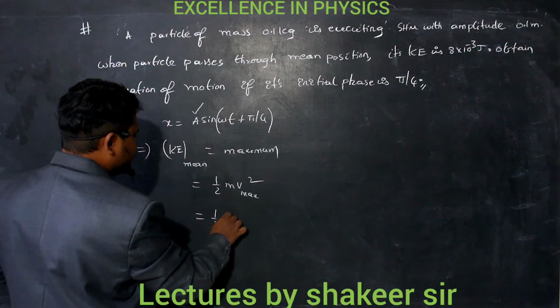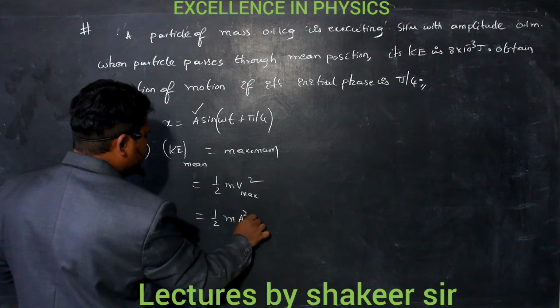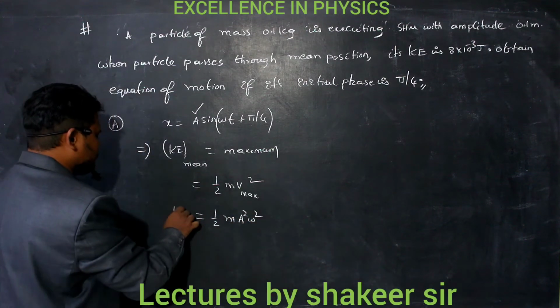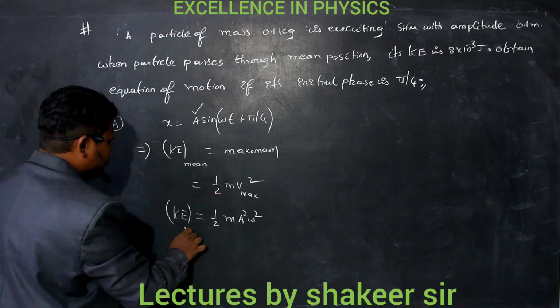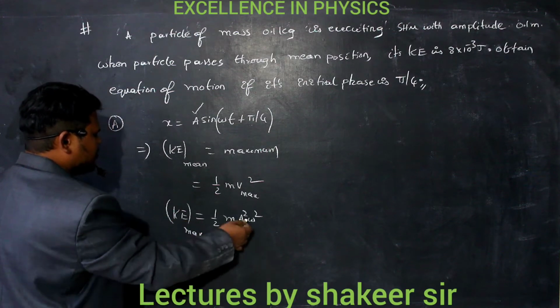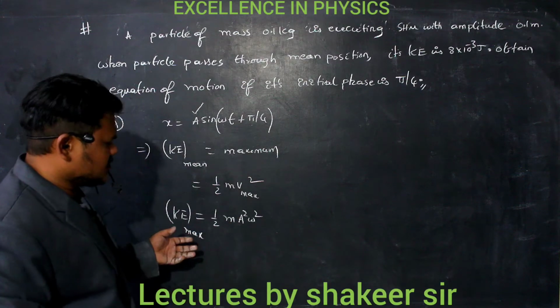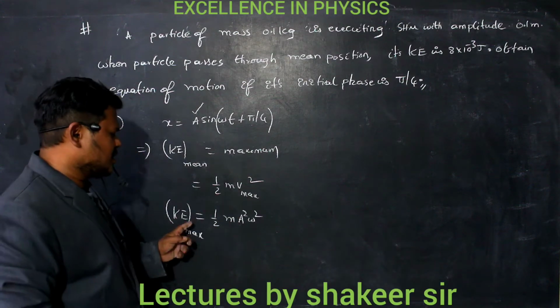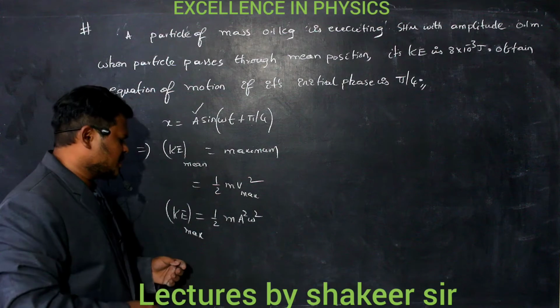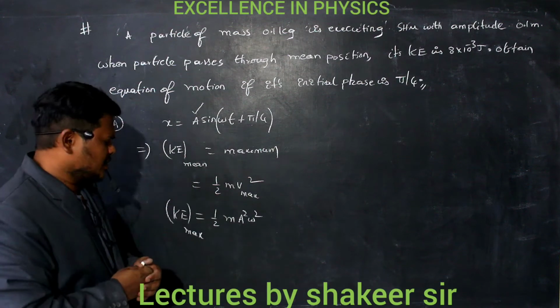So it is equal to half m A² ω², which is the maximum kinetic energy. This is also the total energy, because at the mean position the only energy possessed by the particle is kinetic energy. Are you able to understand?